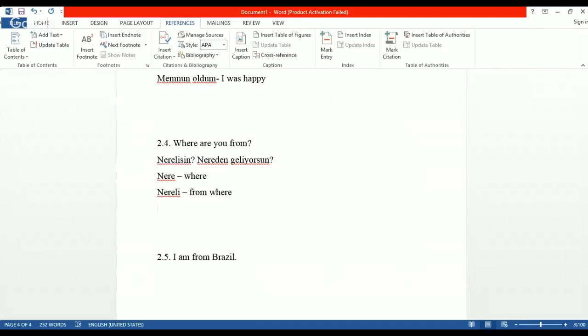And nereli plus sin means you are from where. So nerelisin is quite simple enough to ask someone where are you from. Another form is you can say where do you come from, and that is nereden geliyorsun. This basically translates to where do you come from.